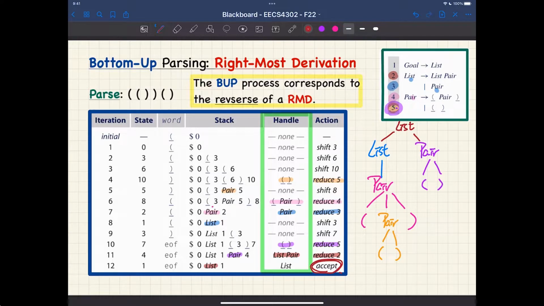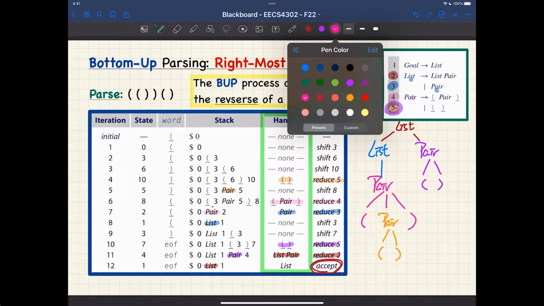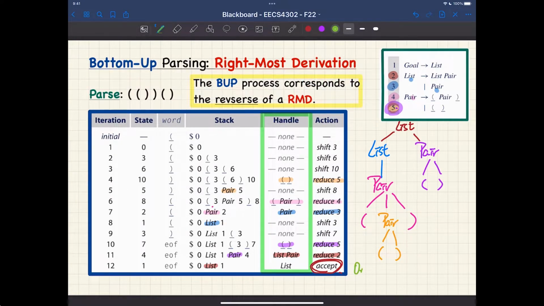Let's try to do the following. First of all, let's recall the order of reduction. If you think about it, we did this one first, right?